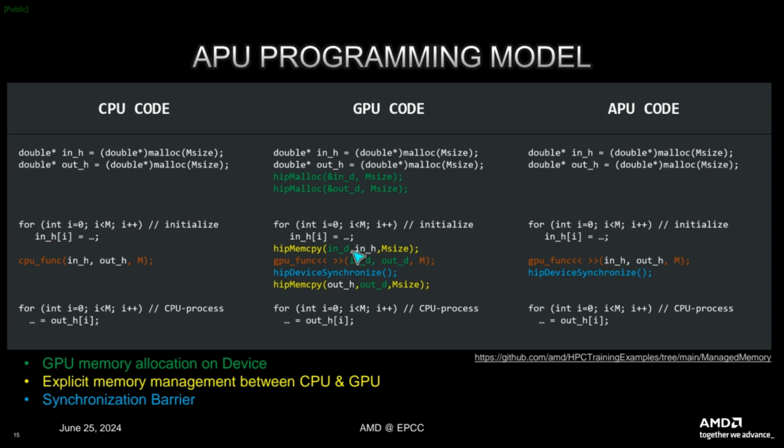This is what we call explicit memory management, and that has been the majority of the work for most programmers in porting to GPUs. Generally during the porting process, every time you move to the next loop, you have to think through, well, what memory do I have to copy over there?